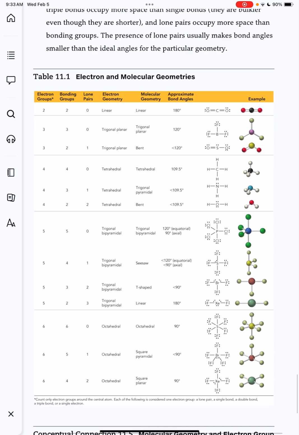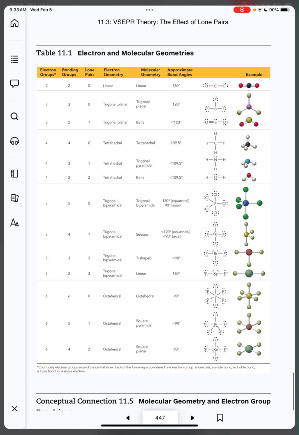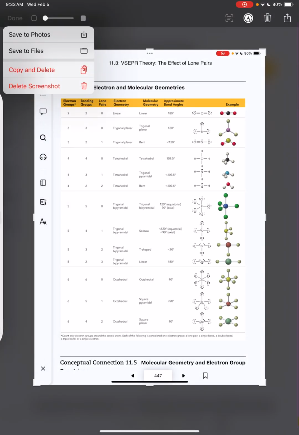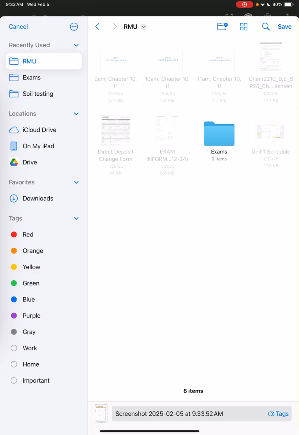So we had those first halves on the top. In fact, I'm going to go ahead and take a quick screenshot so that I can kind of mark this up a bit.